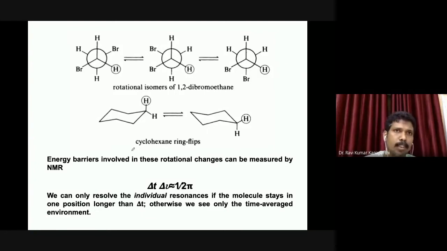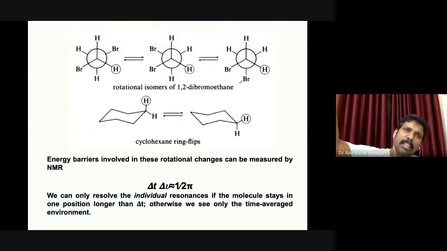That fast rotation is fast enough that the NMR detector cannot detect the two different methyl groups. In the case of DMF, it only detects one because it is rotating very fast. The same thing is true in the case of 1,2-dibromoethane: as the temperature increases from low temperature to room temperature, the C-C single bond rotation becomes faster and faster.